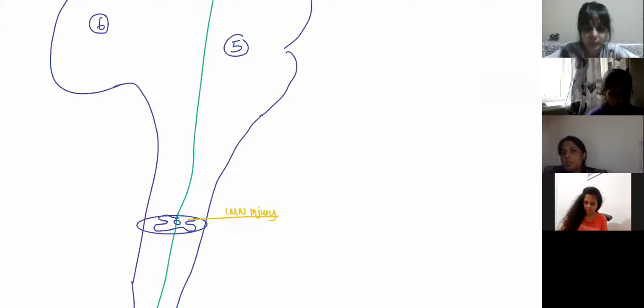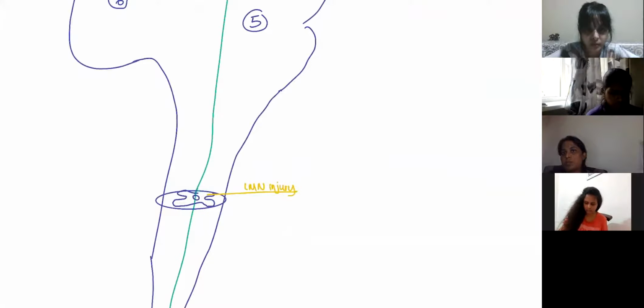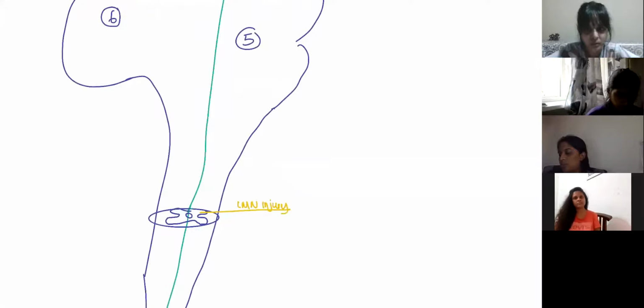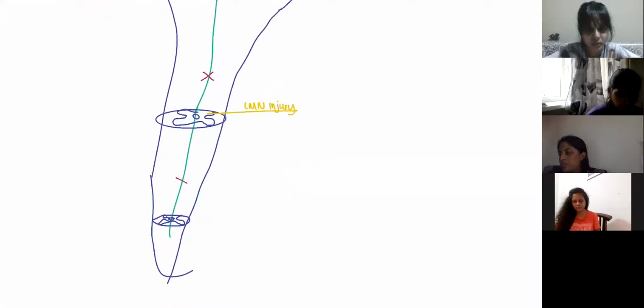If it is at the level of the arms, let's say there's damage to both systems. Okay. The upper motor neuron keeps going all the way to the legs. This is spinal cord discussion. I just want you guys to understand how important upper motor neuron injury and lower motor neuron injury is. Now, there is damage to the upper motor neuron and there is damage to the lower motor neuron.